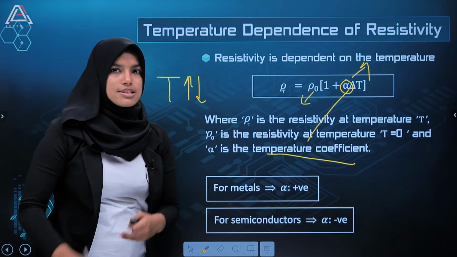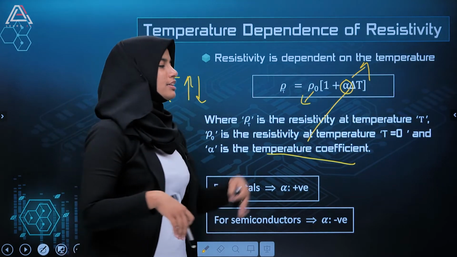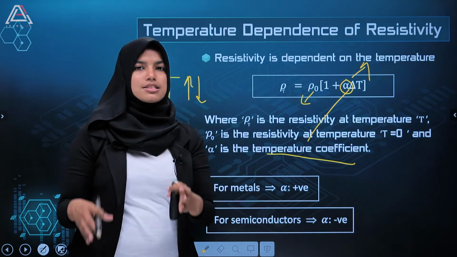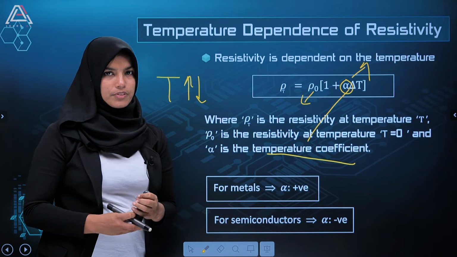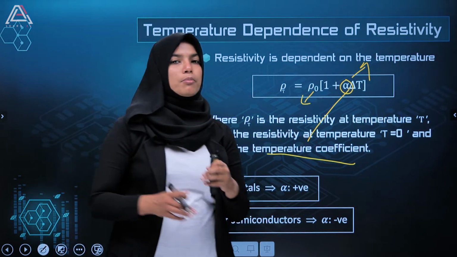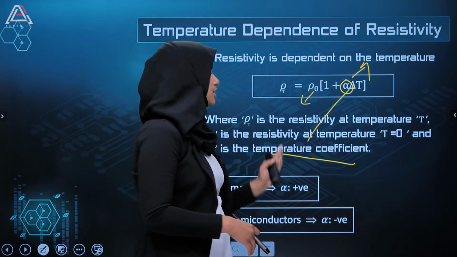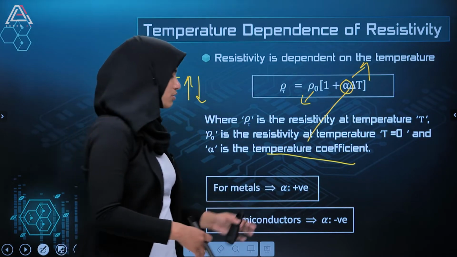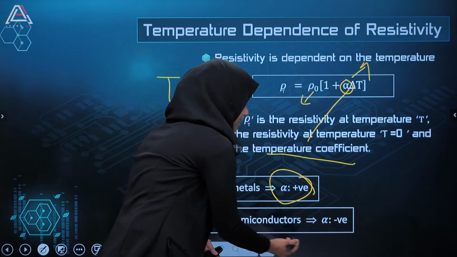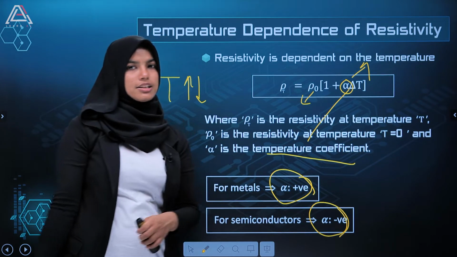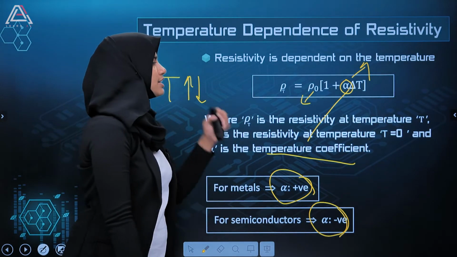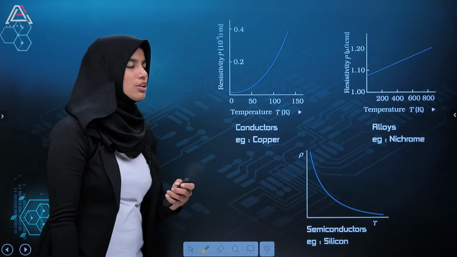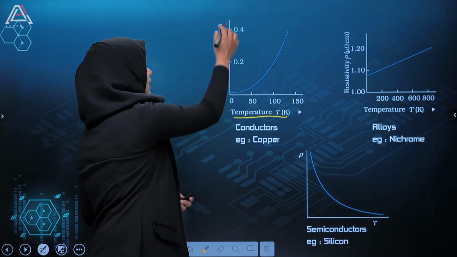Rho 0 represents the resistivity at 0 temperature and rho T represents the resistivity at T temperature. Here the most important term is the temperature coefficient, and it is positive in case of metals and negative in case of semiconductors.